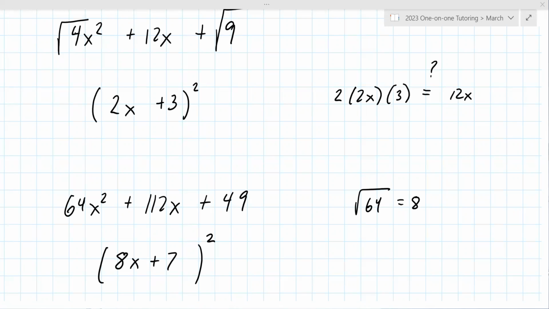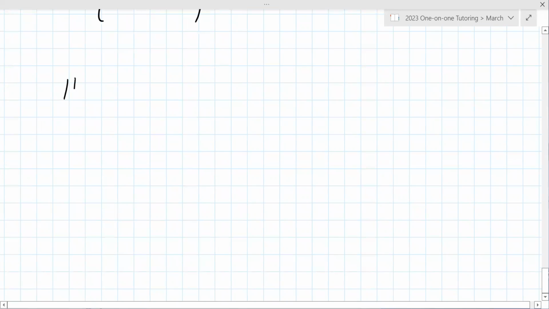I'm trying to find a few more that are different than the last ones we did. Here's another one here. 16x squared plus 8x plus 1.